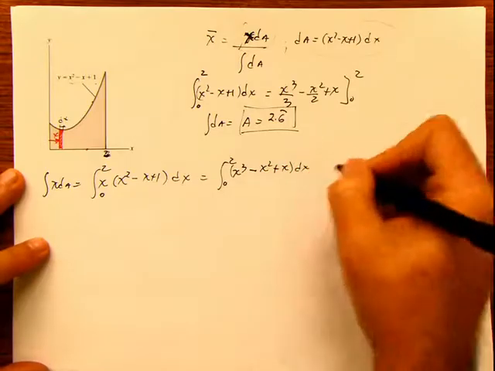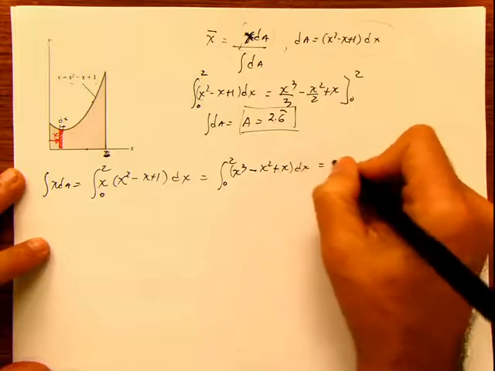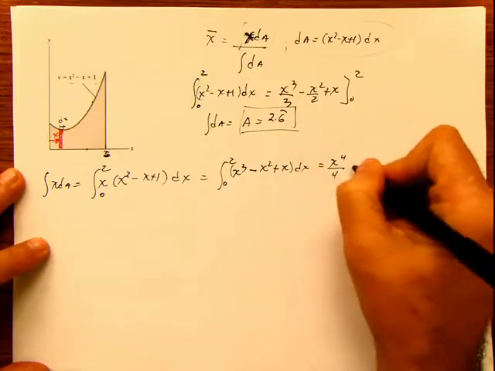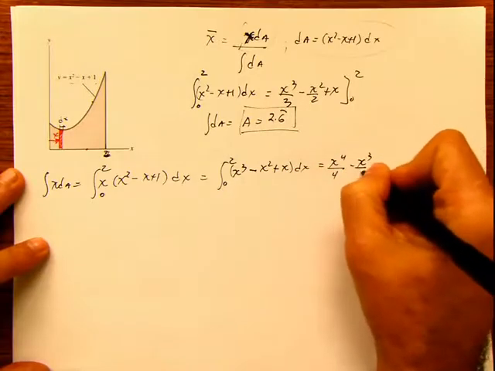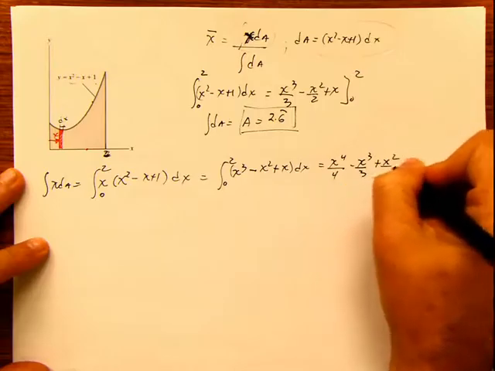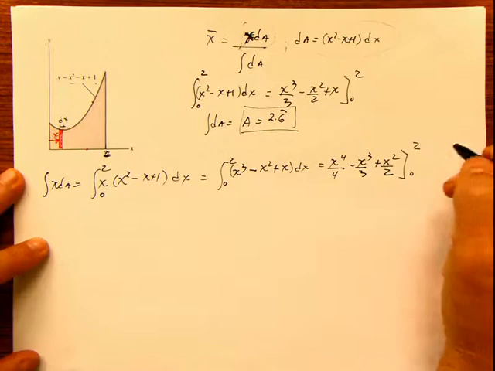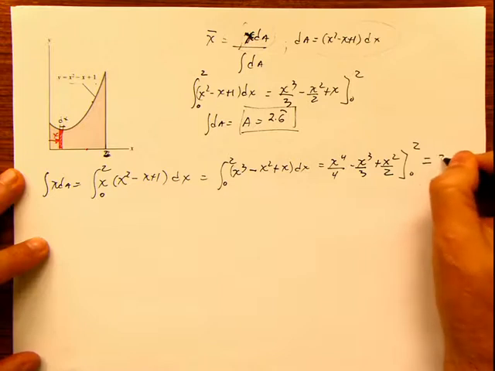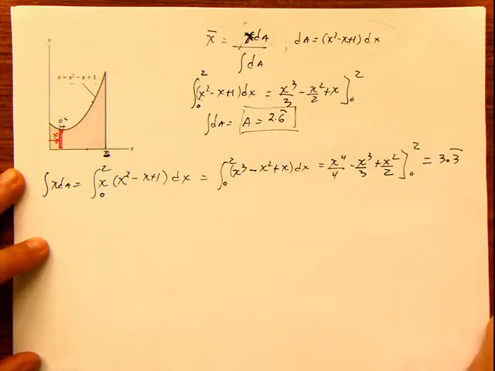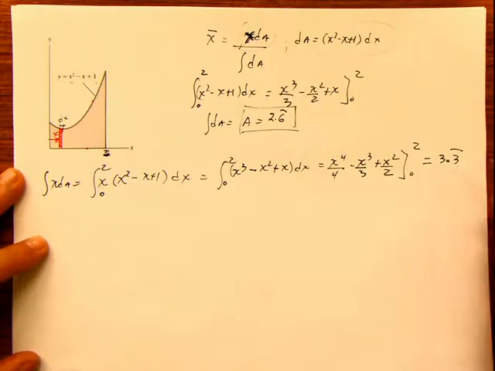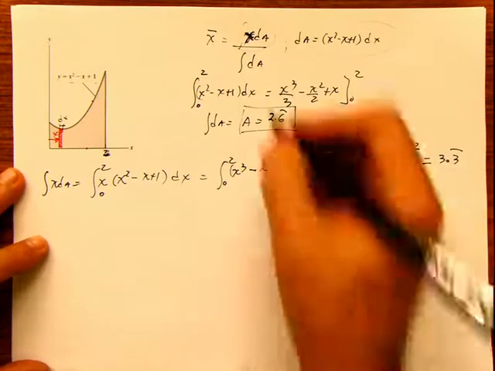When we solve this, it's x to the fourth divided by 4 minus x to the third divided by 3 plus x squared divided by 2, between 0 and 2, which gives us a value of 3.3 periodic, in cubic units.